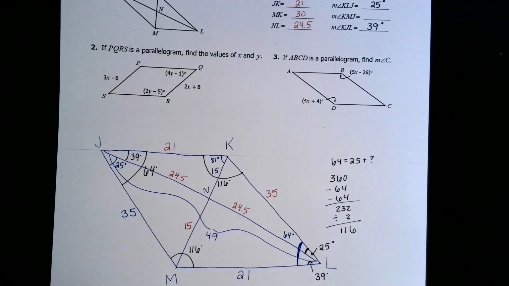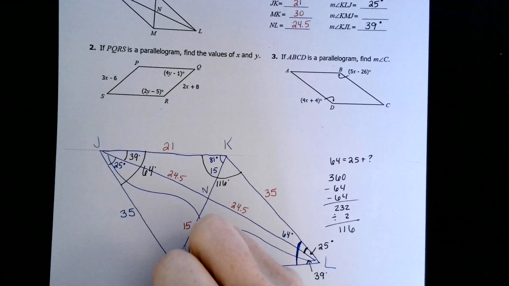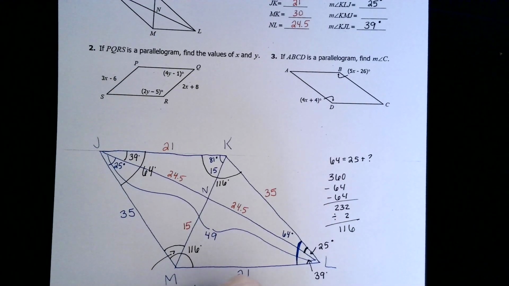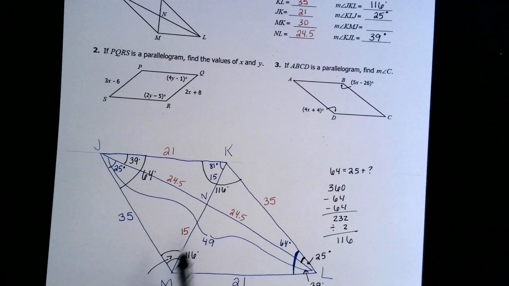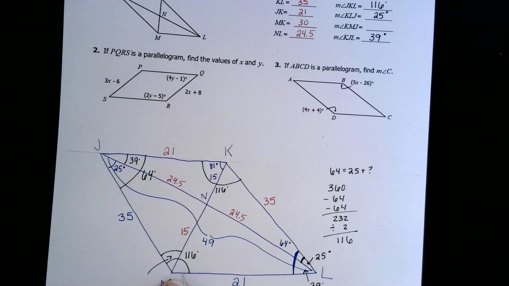Last up, we need KMJ. So we need this one here. So this one is part of 116, but we have to figure out what part of 116 is that. So here we have another alternate interior angle situation. 81 is the alternate interior angle that goes here.